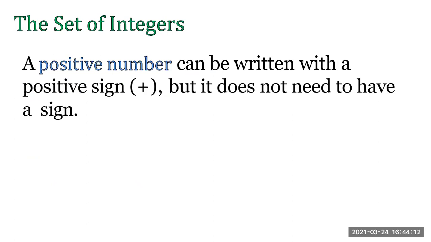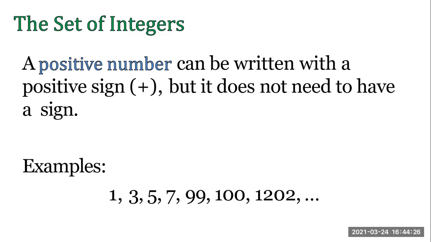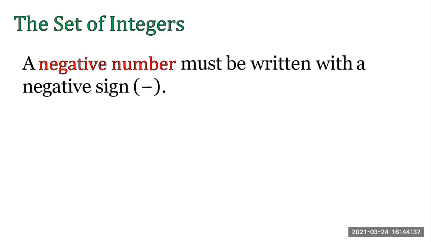A positive number can be written with a positive sign or the plus sign, but it does not need to have a sign. So no need to write the positive sign. Like for examples, 1, 3, 5, 7, 99, 100, and 1202, and so on.